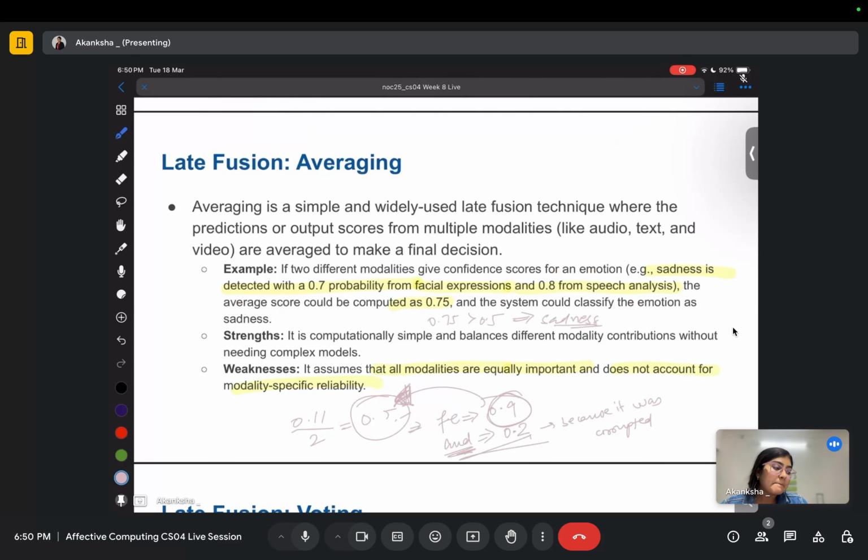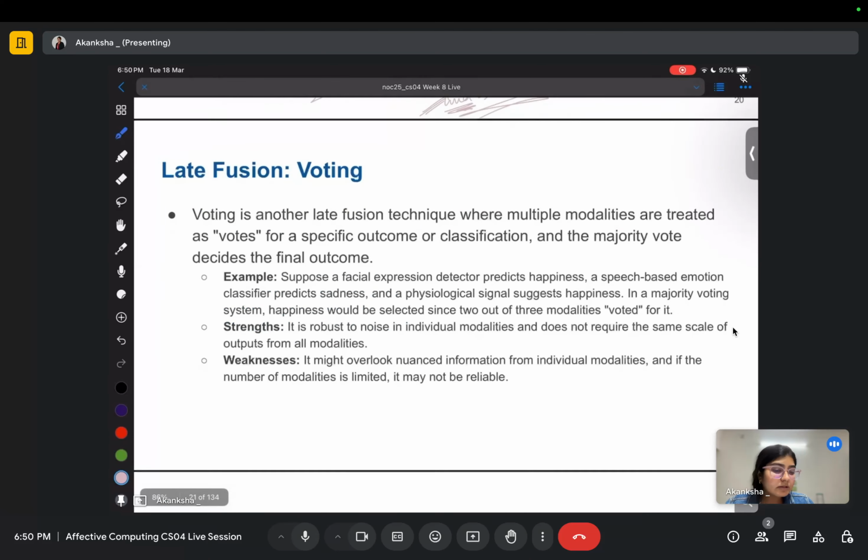So this impacted it badly, it made it worse. But we are not giving it any weightage. We should give some weightage to the modality which is more reliable. In our case, let's say the facial expressions are more reliable, so it's better to give them more weight or weightage.